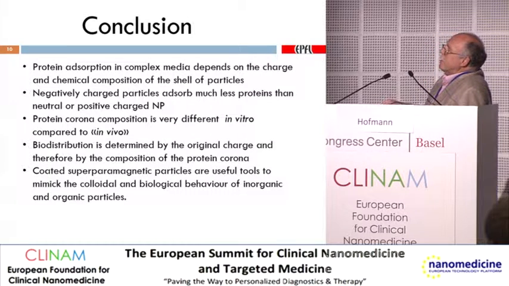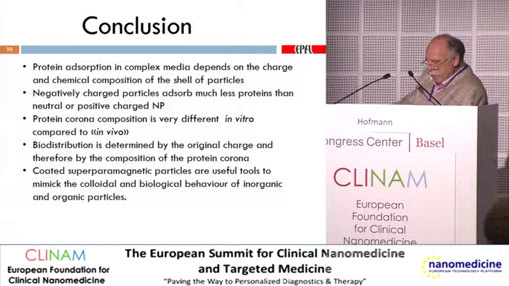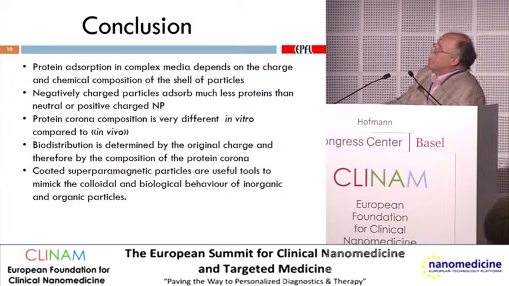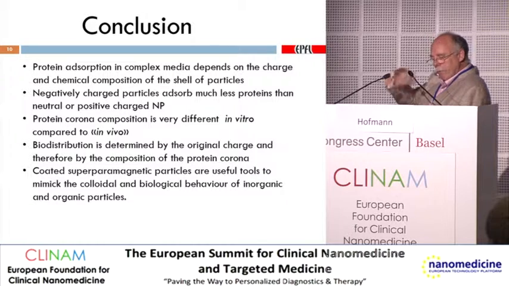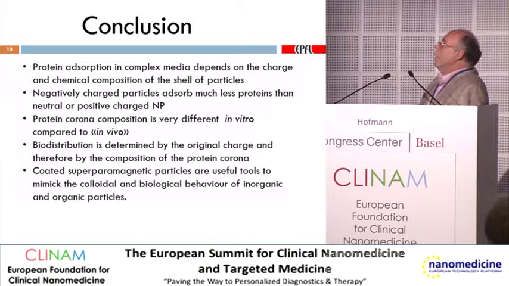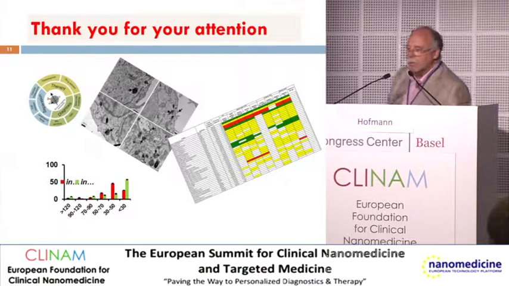And the biodistribution depends on the protein corona, and this depends on the charge of the initial particles. And so we can also show that coated and subarachnoid particles are useful tools to mimic the colloidal and biological behavior of inorganic and organic particles, because you have only the shell, and the shell is the most important parameter. With this, I'd like to thank you for your attention.